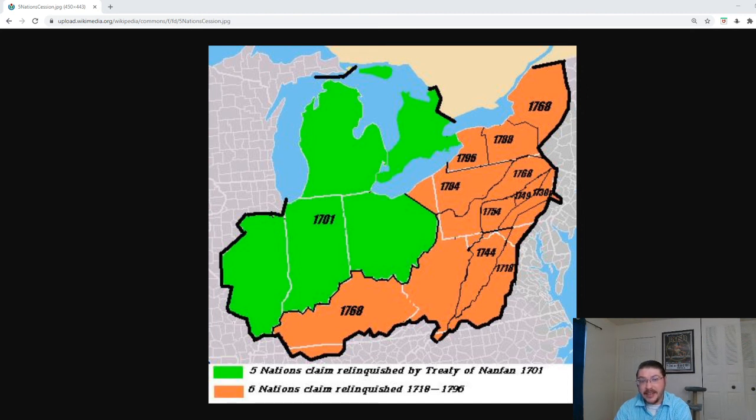But going back and discussing the Haudenosaunee, it's remarkable, the sophistication. Again, I'm hesitant to call it a government because it really wasn't a government. It was more just a universal agreement that they would all work together to avoid conflict between each other, and that they would defend each other from external threats.